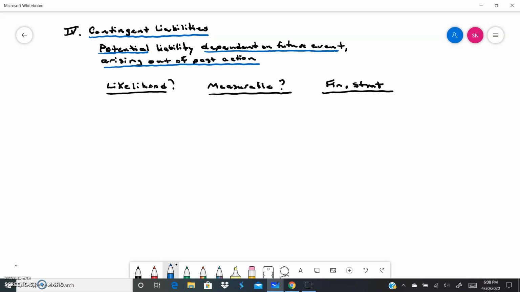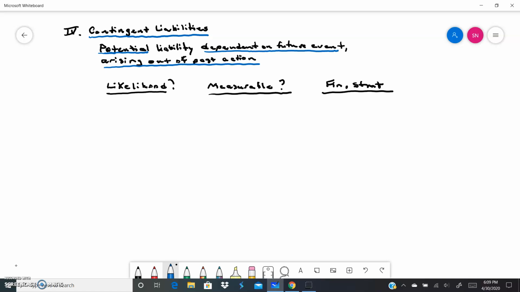So plenty of examples of that, some of which are small amounts, relatively minor lawsuits, to items that could potentially bankrupt the company. One item might be in the tobacco industry. There was no question, I think, at a certain point in time that all the tobacco companies had large contingent liabilities that could, depending upon the outcome, potentially bankrupt those companies.